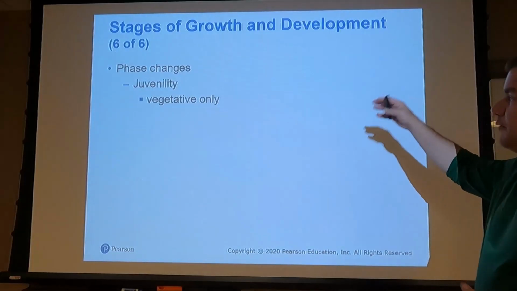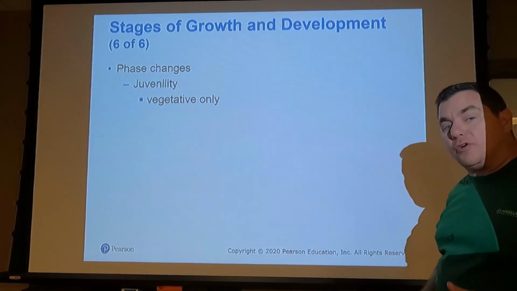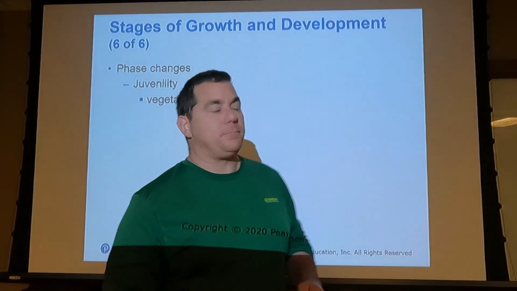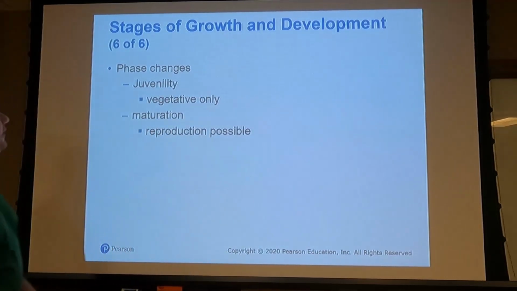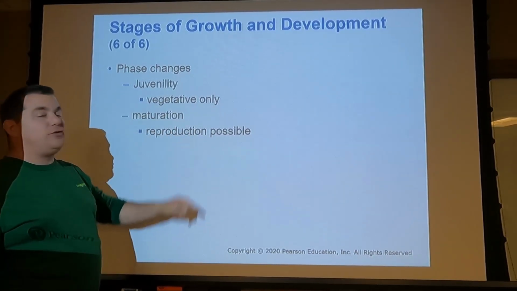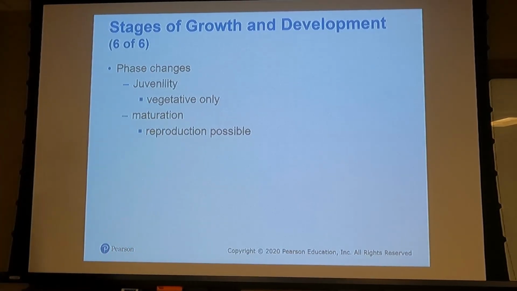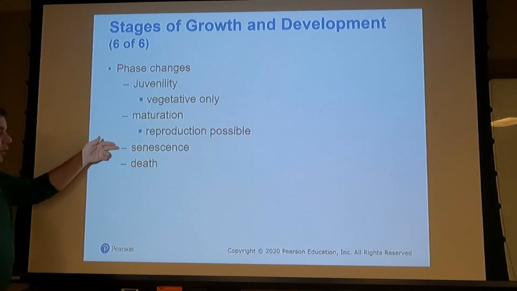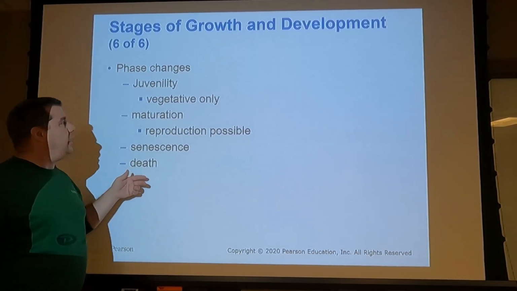So they have this juvenility or this juvenile stage where it's only vegetative. And then after a certain period of time that's triggered by light, it becomes mature and enters into the reproductive phase. And then finally it undergoes senescence, and then the plant will die.